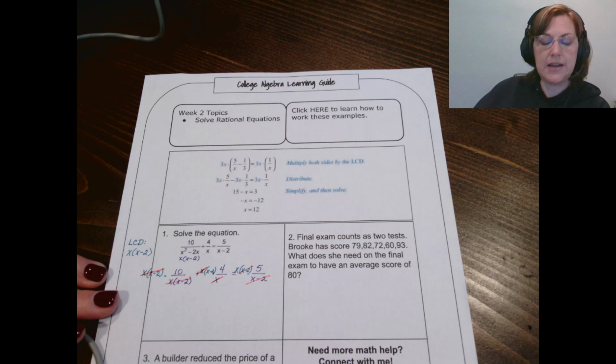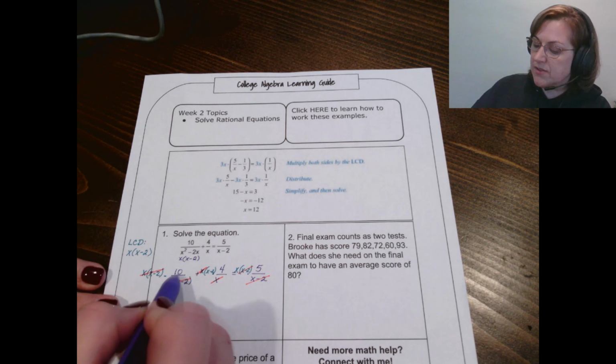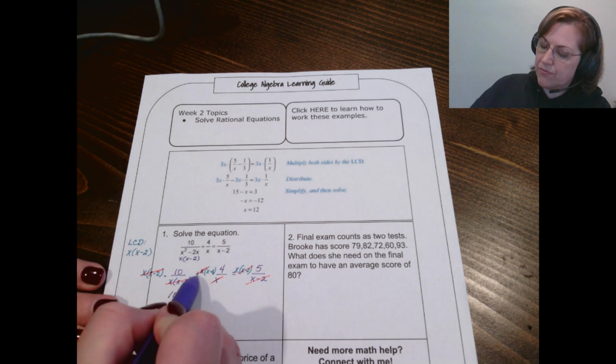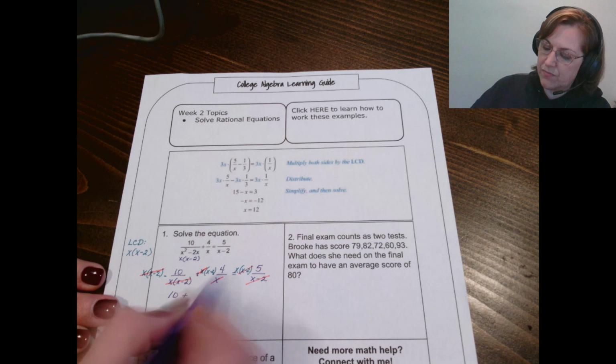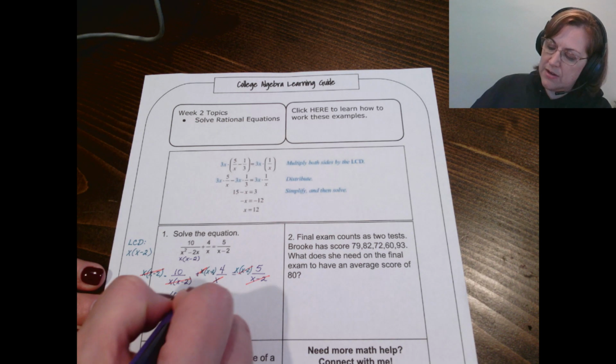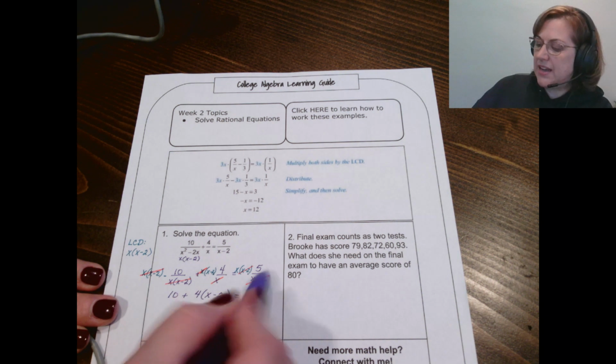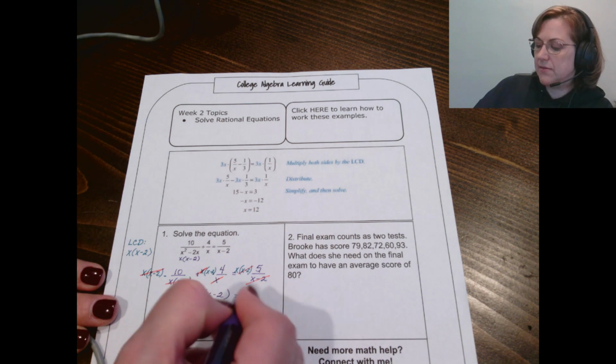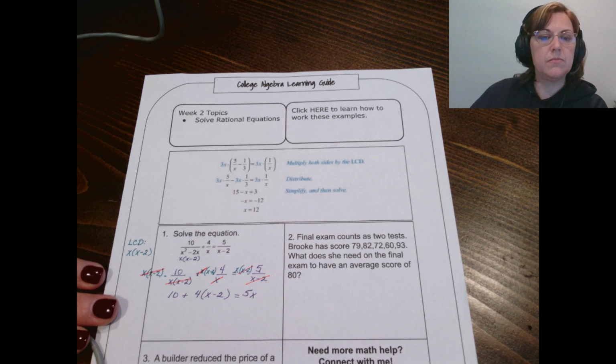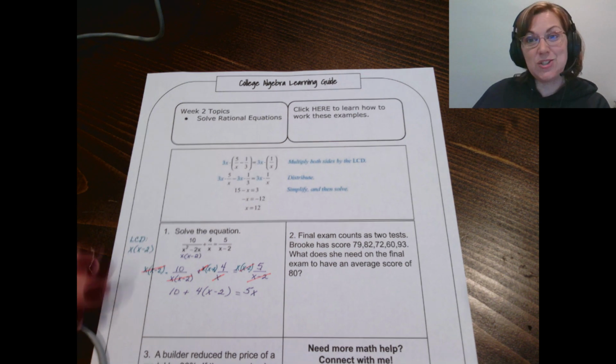Now let's write what we have left. Looks like I have a 10 here. Don't forget my plus. Then it looks like I have 4 times x minus 2, and that equals, looks like 5 times x.